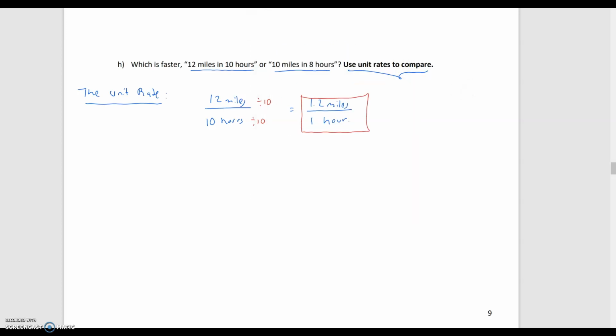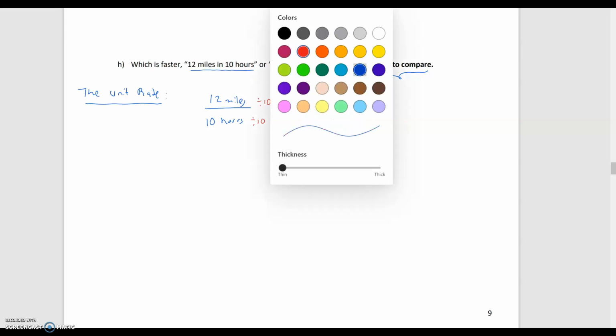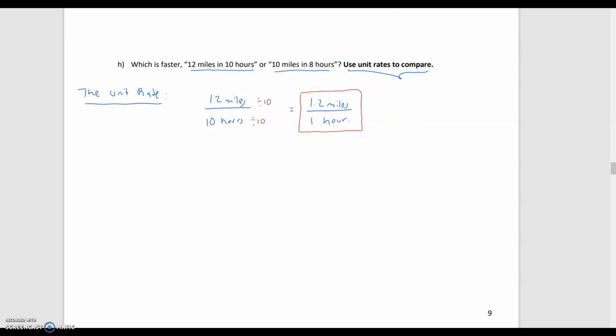The basic idea is that you're comparing similar quantities. So for this, you need a 1 at the bottom. So that's going to be for the first one. That represents 12 miles in 10 hours. The second quantity that we're comparing is 10 miles over 8 hours.